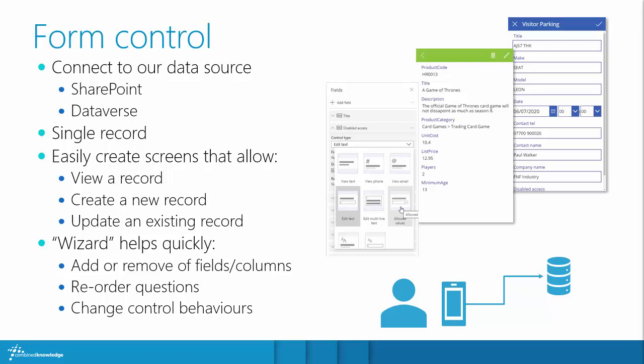However, just like a gallery control, a form control actually brings multiple controls onto the screen itself. When we add in a form control, we need to instruct it to connect to a data source. Now, unlike a gallery control, which will list a number of different items, a form control will only link to a single record.